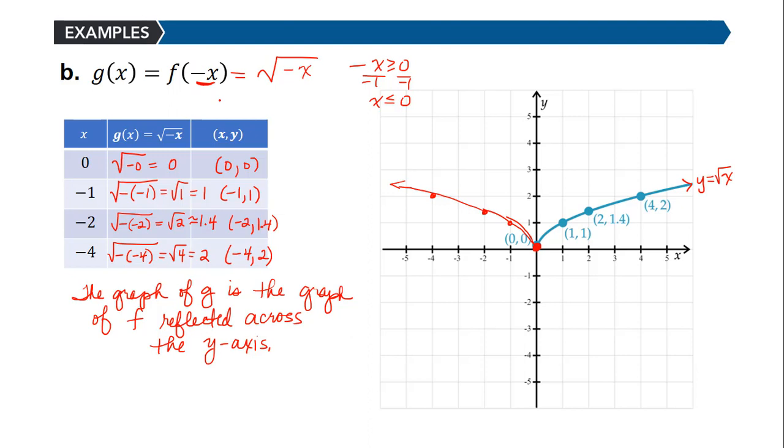Well, where do I find opposite of x? To the right and left of the y-axis, right? So to obtain this graph, I have to reflect the original function across the y-axis. And notice that the x values are opposite of what the original points were. So in this case, the y value stayed the same, but the x values are opposite.